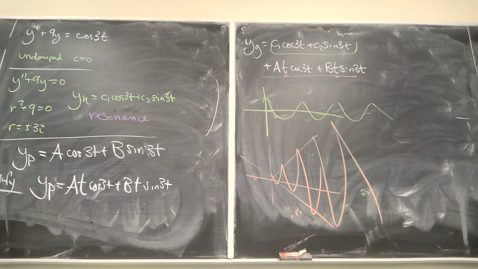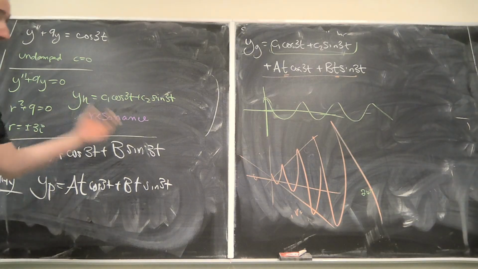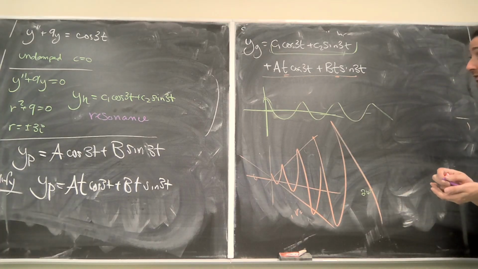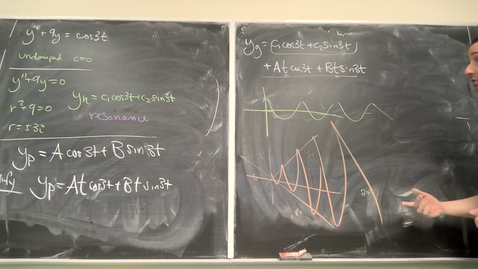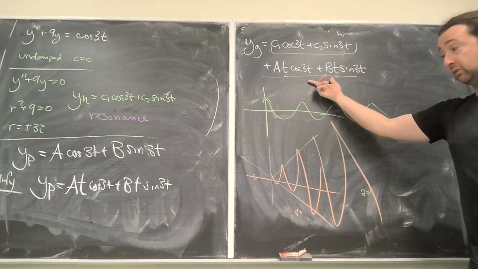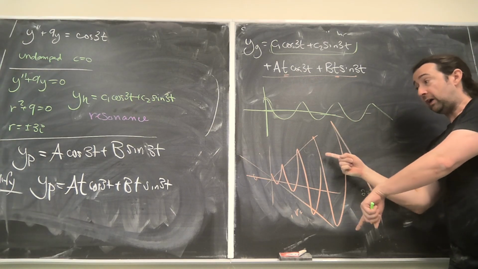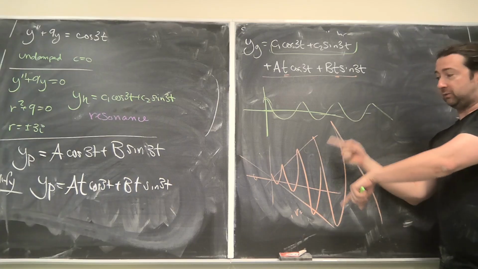The system cannot bleed energy. So the forcing function continues to add energy to the system with constructive interference, and the second part of that solution is being driven as an expansion. So you're getting linearly increasing amplitude.